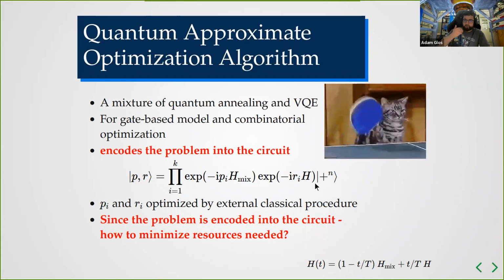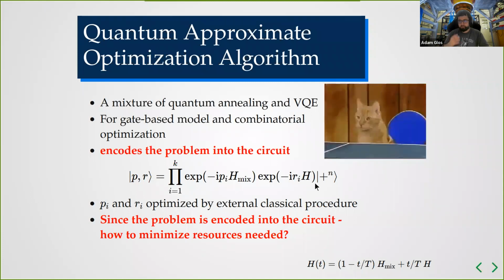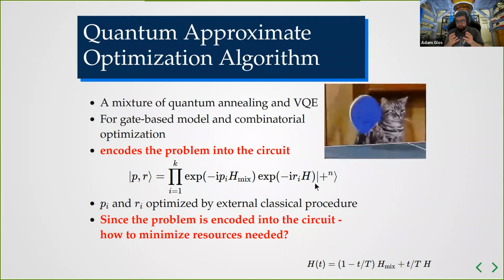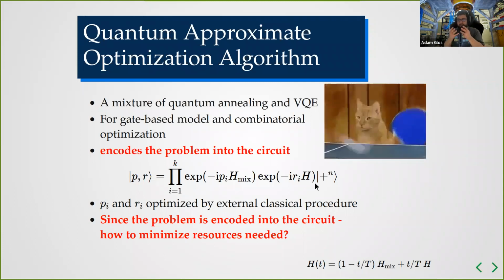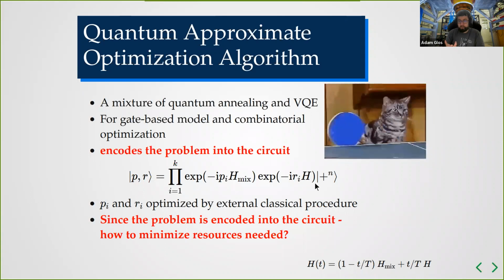The problem is that, contrary to the variational quantum eigensolver, VQE, we need to actually encode the problem in the quantum circuit. This means that all these degrees of freedom, which define instances of our problem, need to be put into the quantum machine, which in general is costly. Now, again, another big question is how low can we go with it?